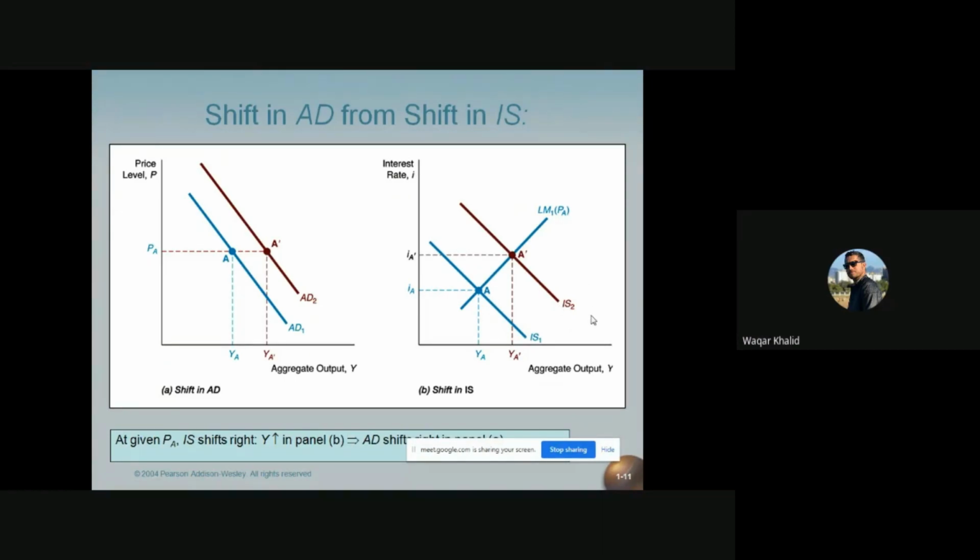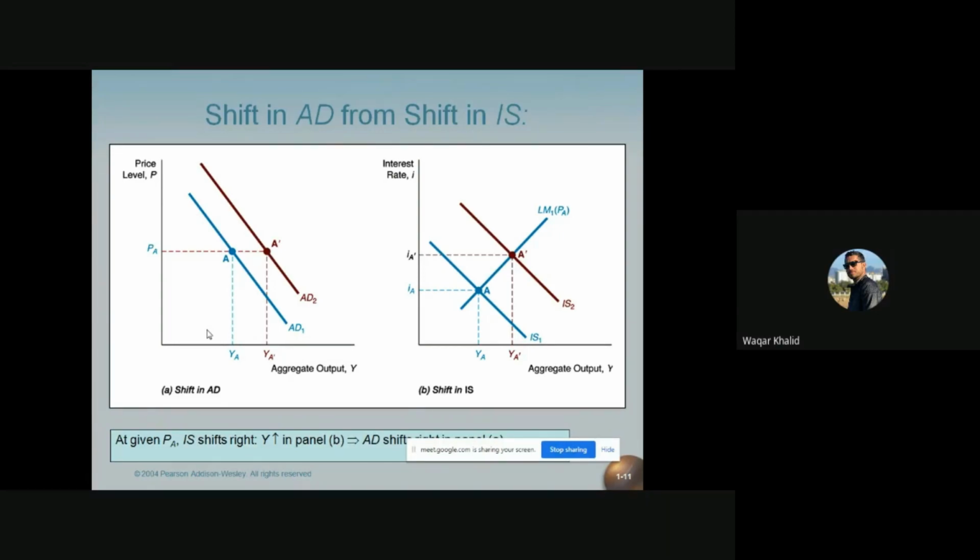But look at the price level of PA, because here the price level is fixed. At the price level of PA, equilibrium output rises from YA to Y2. This change in equilibrium output is shown by the movement from point A to point B in panel B, and hence the aggregate demand curve shifts to the right from AD1 to AD2.